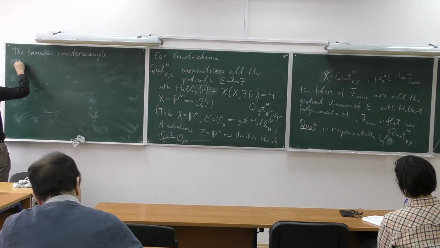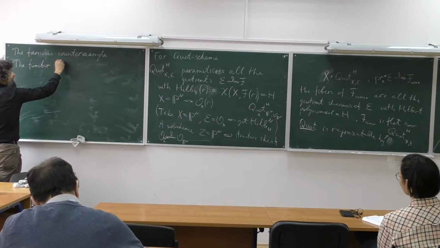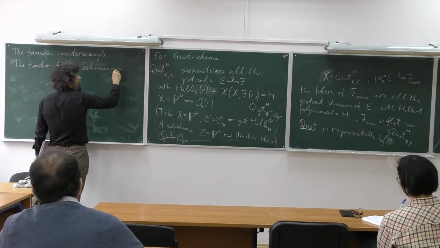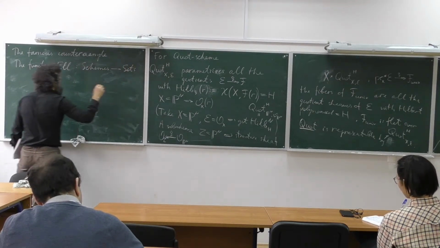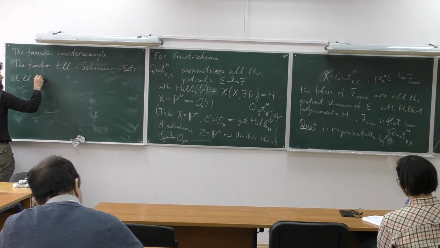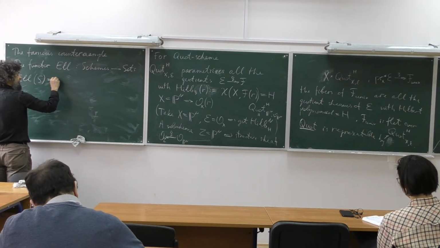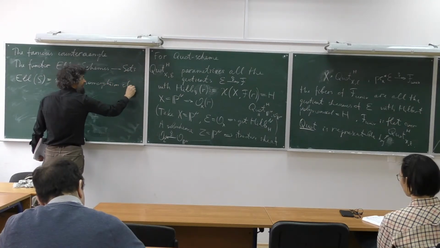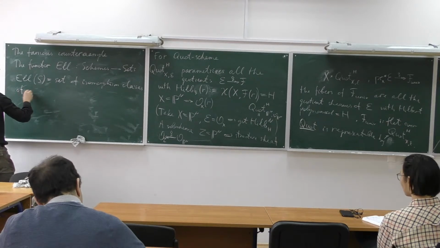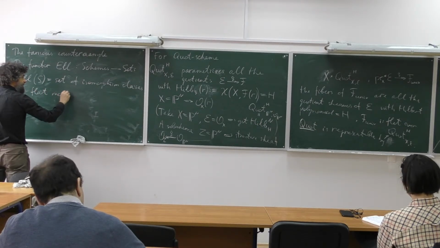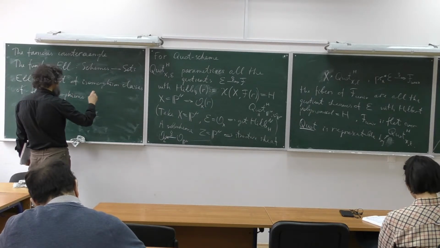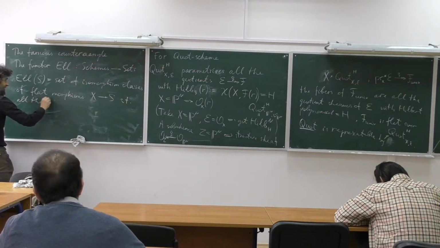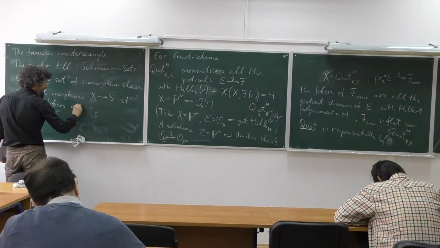So the functor L from schemes to sets associates to a test scheme S the set of isomorphism classes of flat morphisms X to S such that all the fibers are elliptic curves.